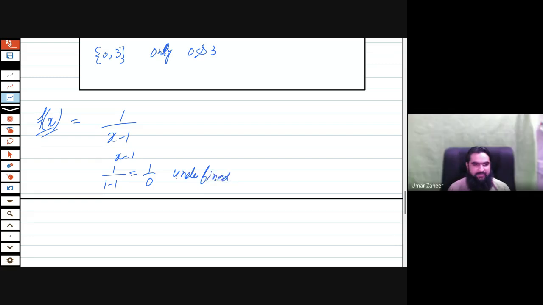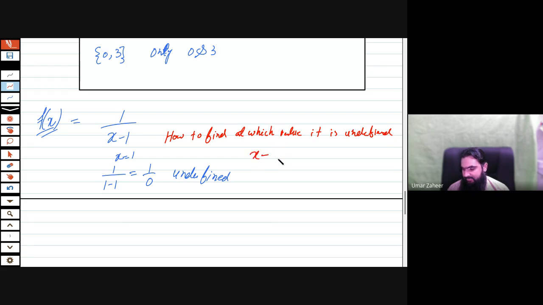And if it is a difficult function, how do you find at which value it is undefined? In this case, you take the denominator x minus 1 is equal to 0. You will get x is equal to 1.